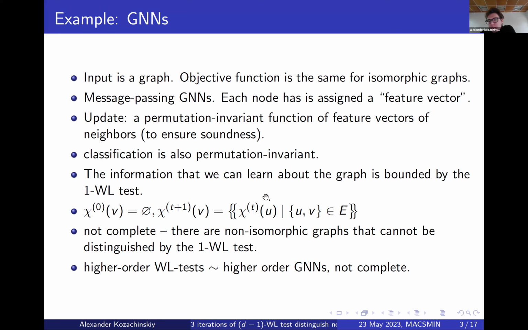When I write this, it basically says that the elements are counted with multiplicity, so the first label of v will be a multiset containing k empty sets, where k is the number of neighbors.